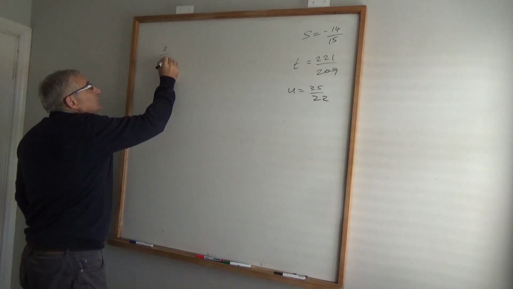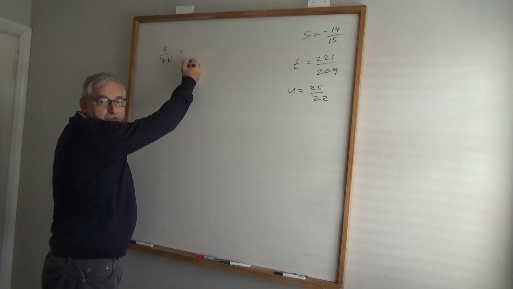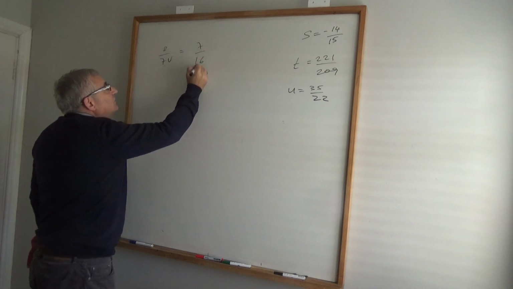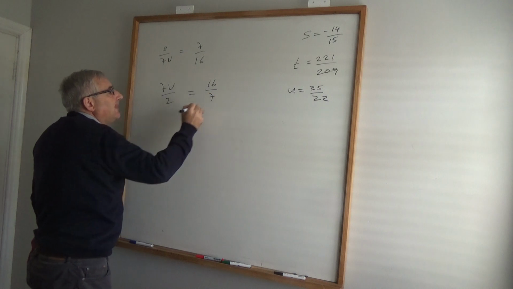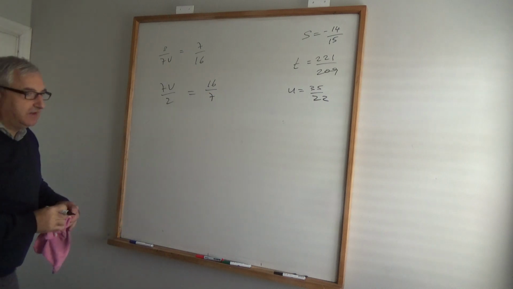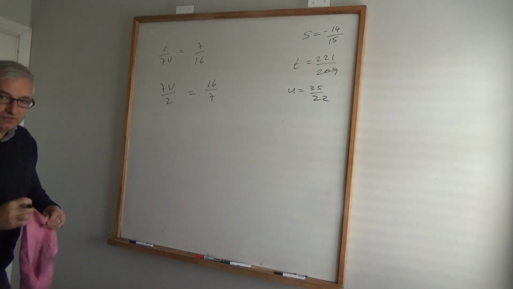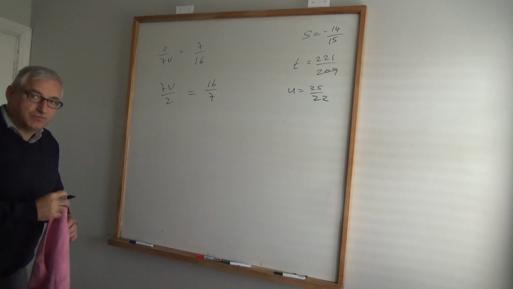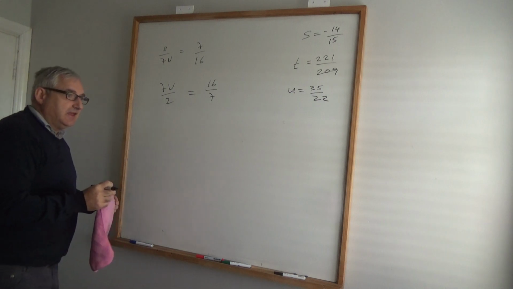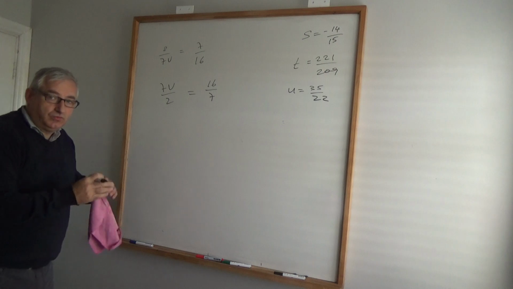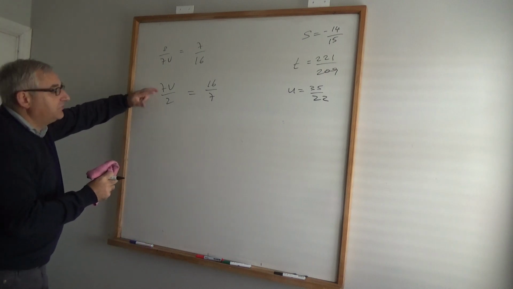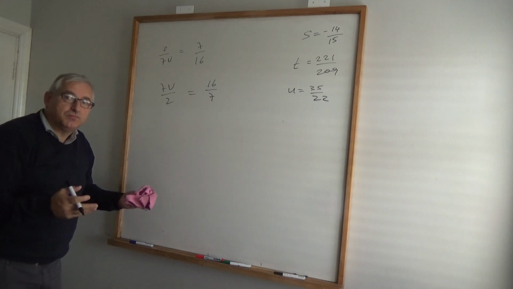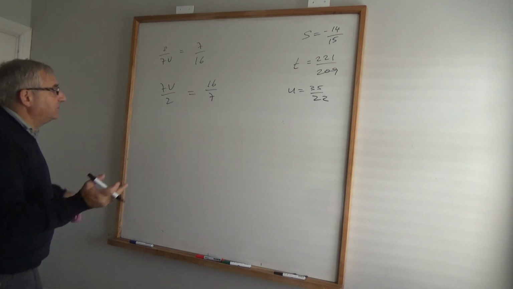So 2 over 7v equals 7 over 16. Turn them up the other way. Okay, so what is that? I'm inverting both fractions, or I'm reciprocating both fractions. To invert really means to do the opposite, but it's a general expression. To reciprocate is to turn upside down. Now you can just say to turn both of them upside down. That's absolutely fine.